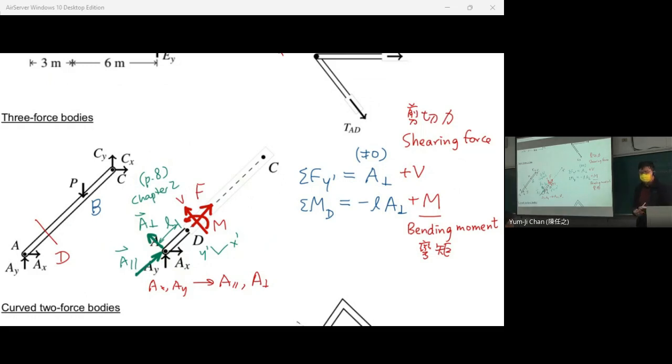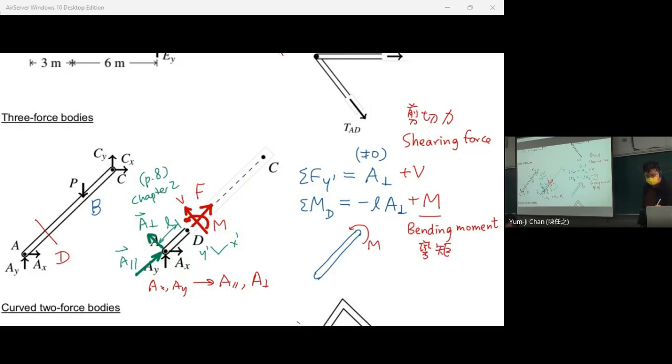So just to give you a taste of what things look like. For bending moments, if we have M here, bending moments usually mean rotation, right?